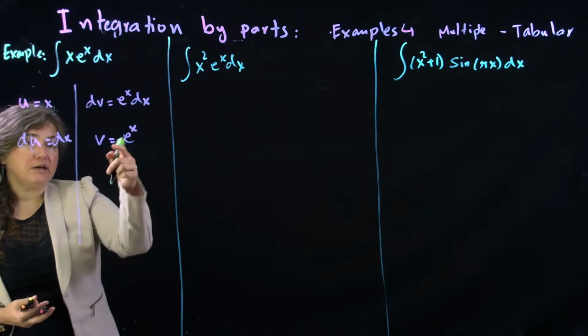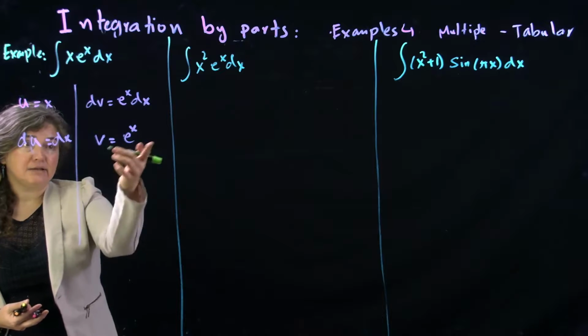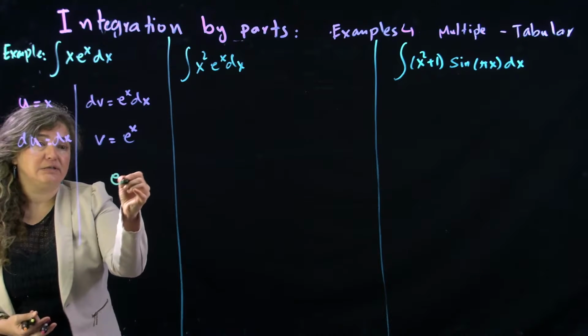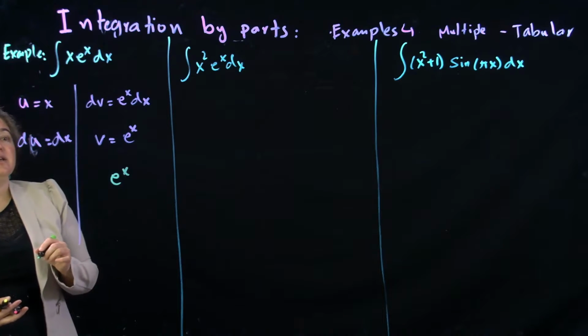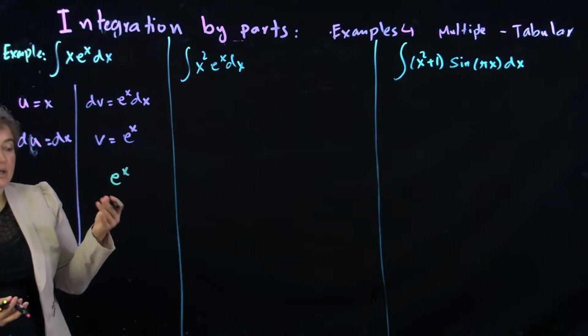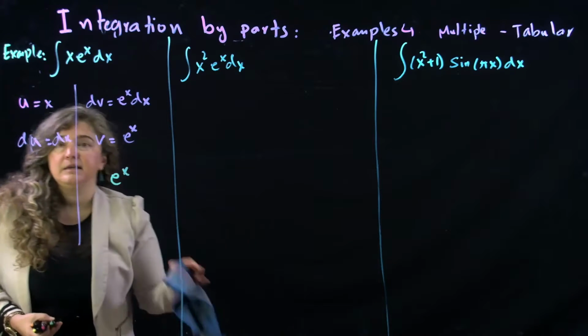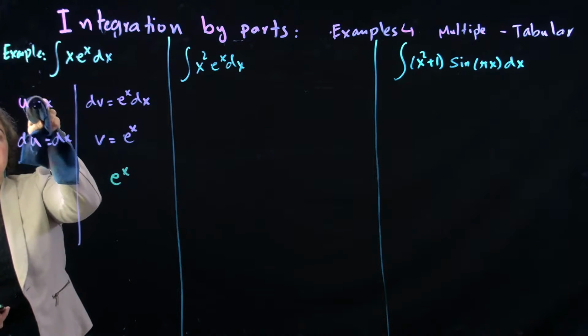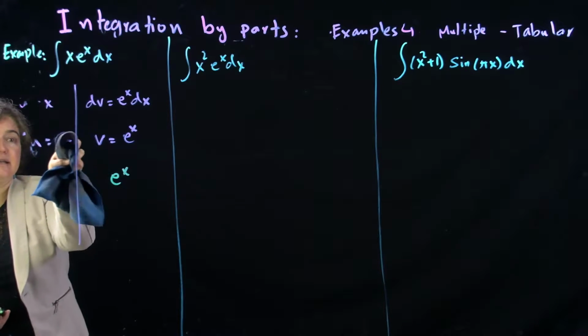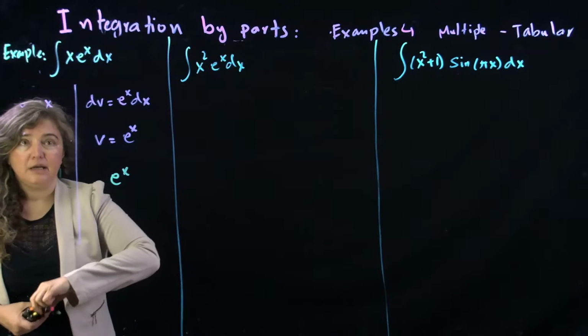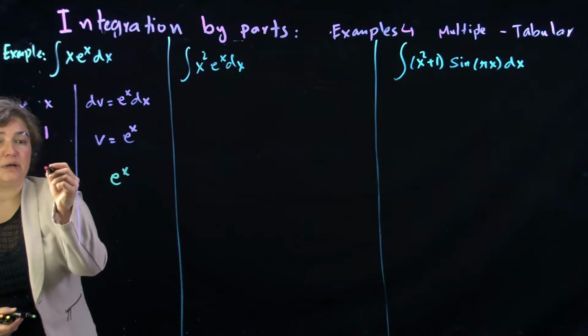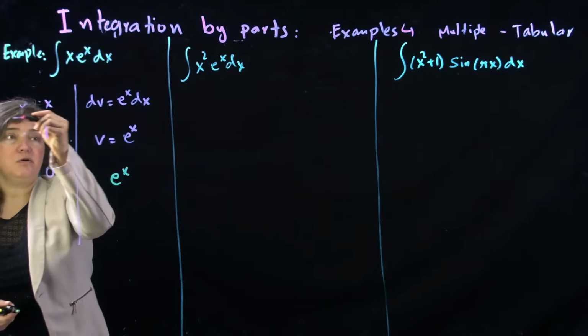And so the antiderivative of the second line is just e to the x. So what happens is that I started with the x and I ended up with a 1, and then I went to a 0.